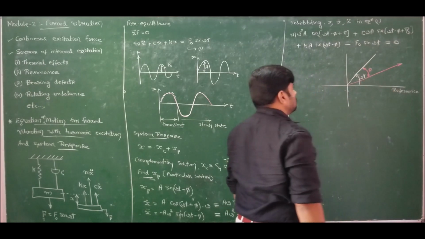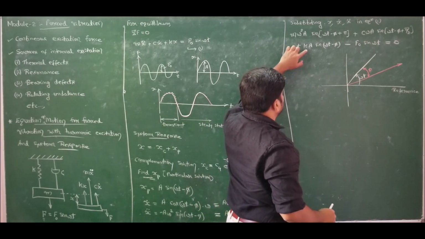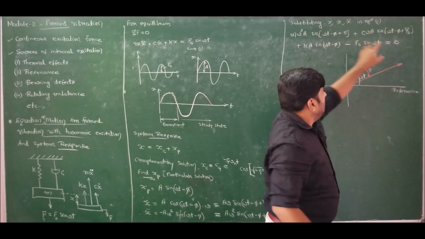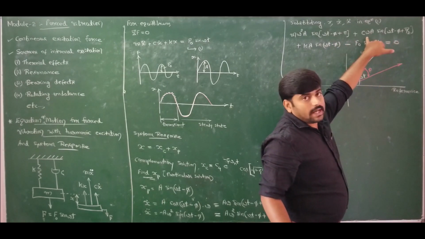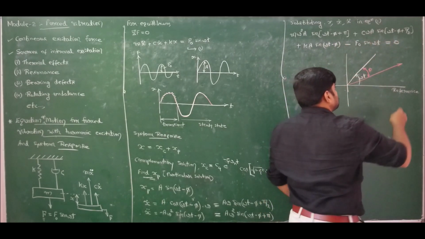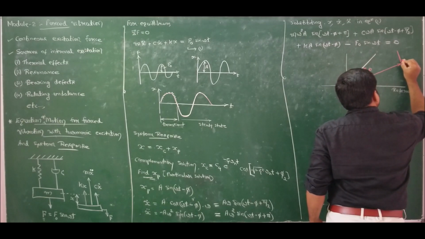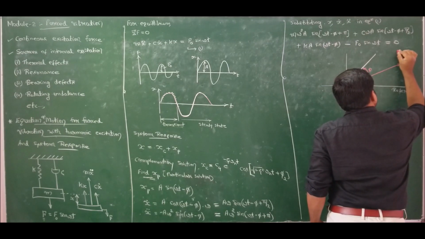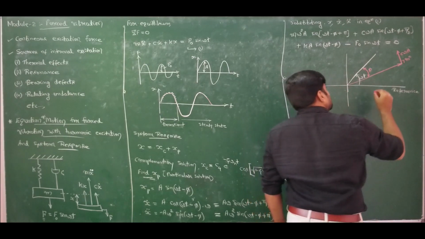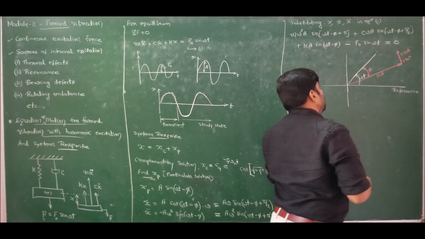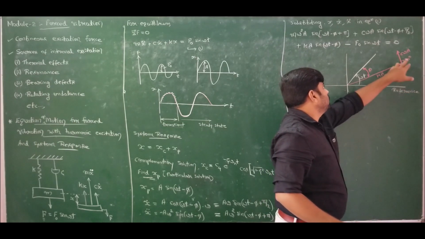At an angle of 90 degrees to the spring force, we have the damping force C omega A.